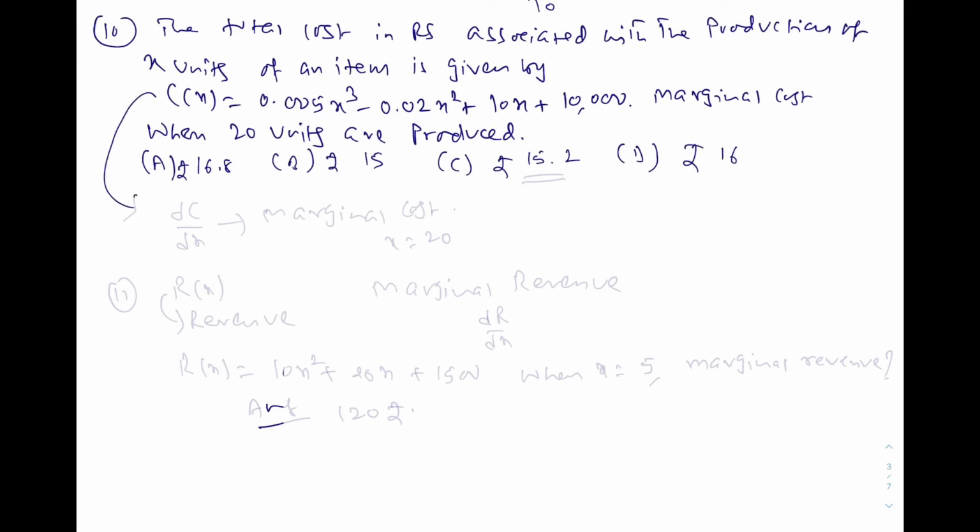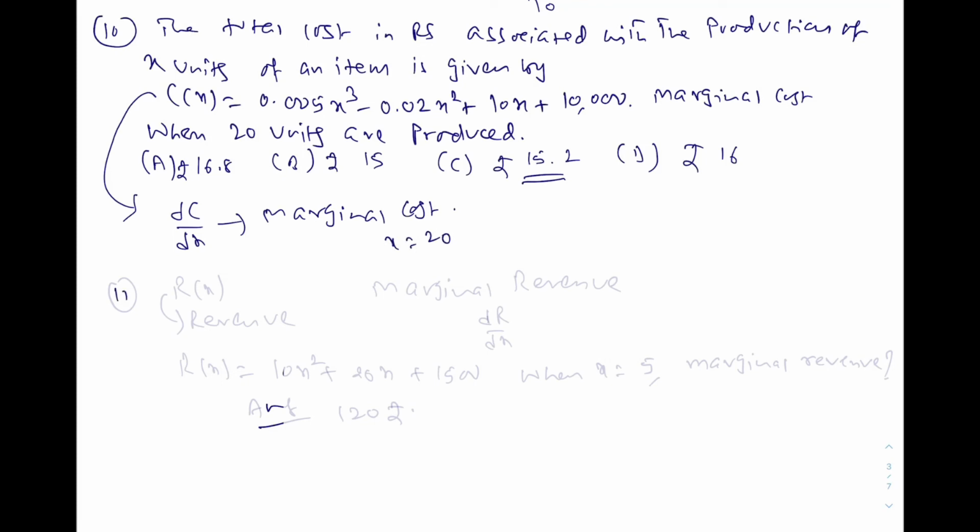But it's simple. The answer is dC by dx. This is our marginal cost, and I request you to just find the solution. It's not difficult. So here you will get the answer as 15.2. Okay, just find dC by dx and put x equal to 20.